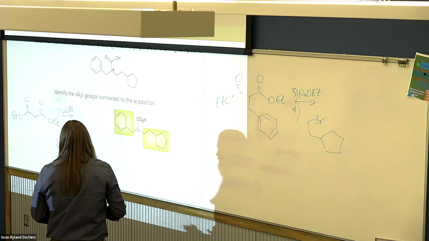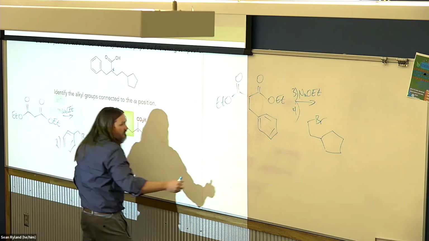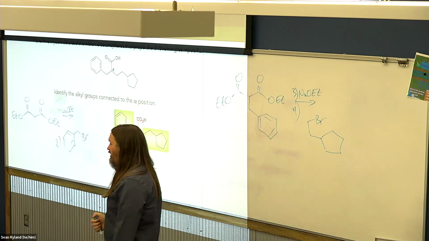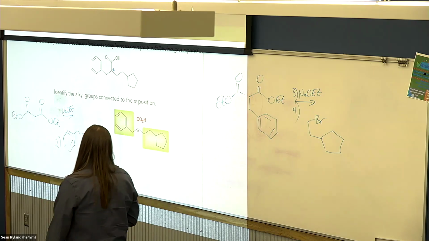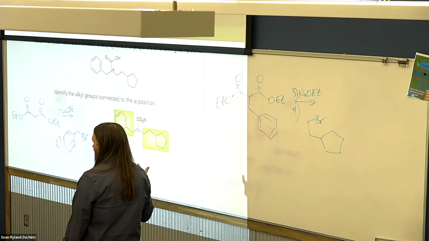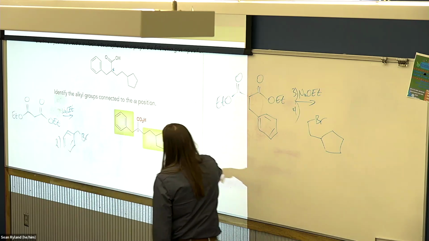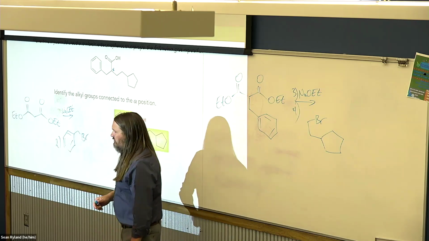So as long as we can get these two molecules, we can link them together. Basically, it gives us a way to link together any halides we want to a single carbon.